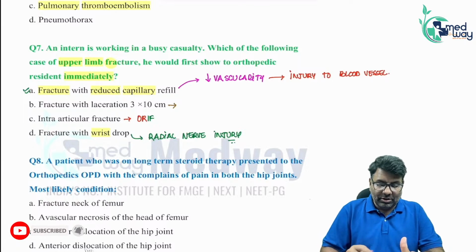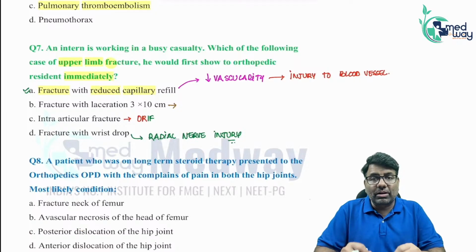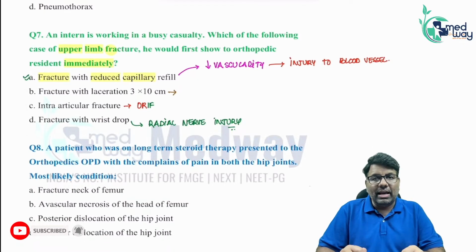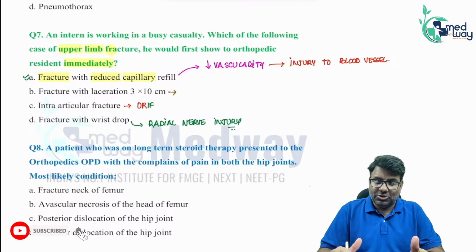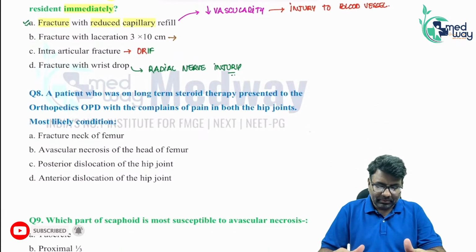So fracture with reduced capillary refill or any indication of vascular injury should always be at the top of priority in terms of management, because a delay can lead to irreversible loss of blood supply to the distal part, and that can even result in gangrene. That should be at the top of the priority list.